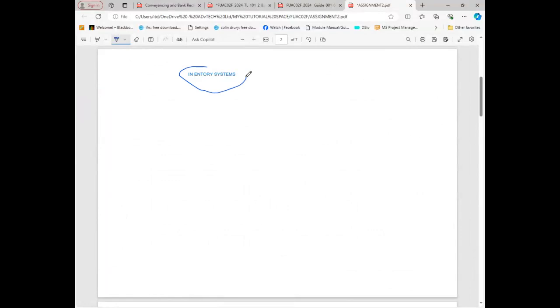Yes. So when you are recording inventory, there are two systems which you always have to bear in mind. The first system is called the perpetual inventory system.